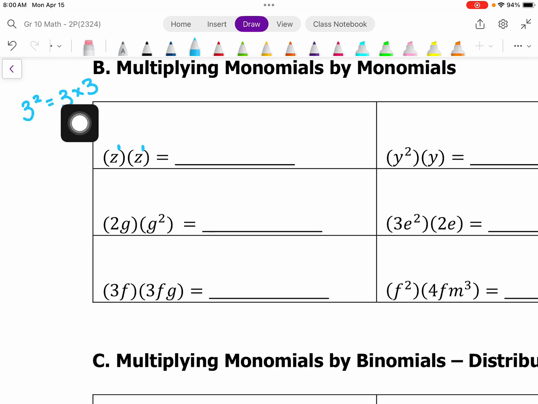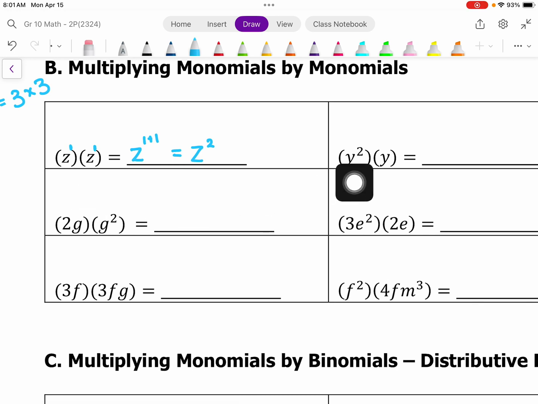So I see the number 3, 2 times, and it's being multiplied. So z times z, I can rewrite, and I can take that exponent of 1 from the first one, and I can add together the next exponent from the other one. So 1 plus 1 is equal to 2. So z times z, I can simplify that to z squared.